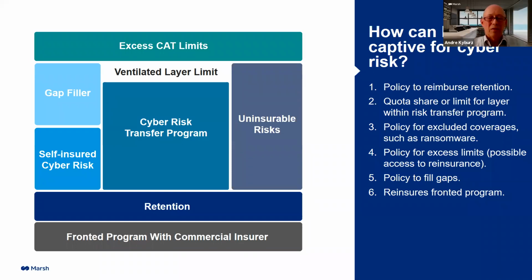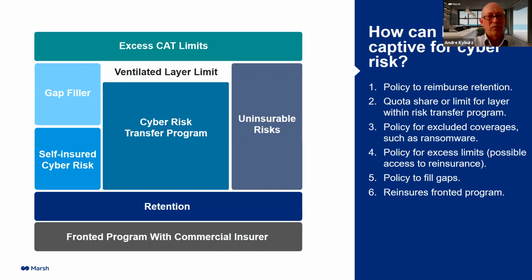Yeah, writing the primary policy depends on the program structure, of course. Sometimes writing the primary is difficult because you still want all the services that are included in a cyber policy. Obviously, you could still arrange these with cyber consultants.